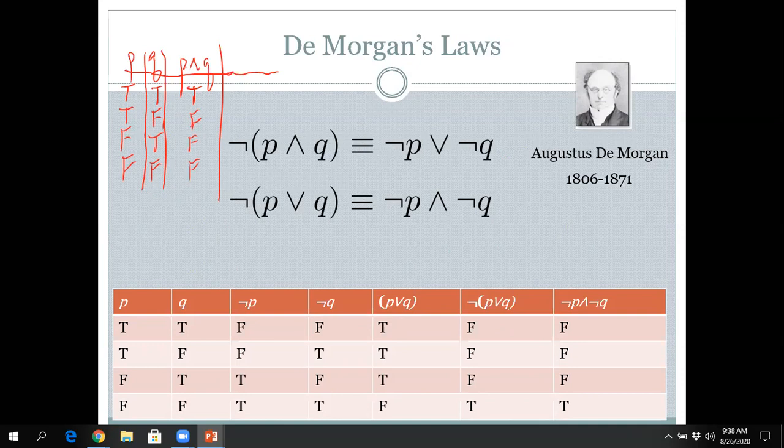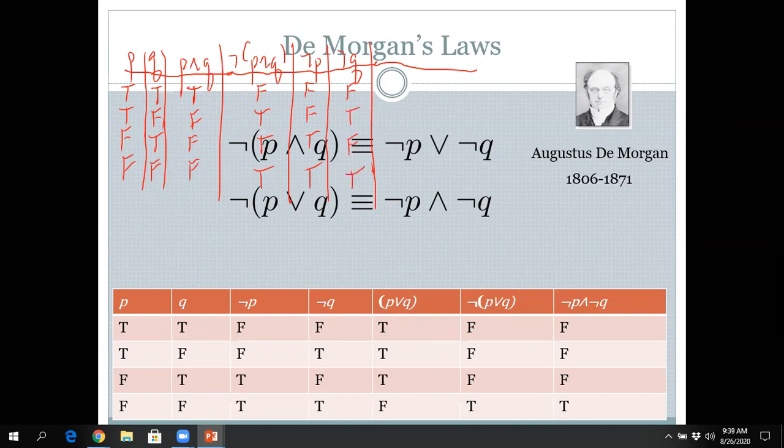And what about the negation of P and Q? Well, the negation of P and Q is false, true, true, true. Now I'm going to put not P and not Q. I know I'm writing over some things here, but I think you'll forgive me. So false, false, true, true. And false, true, false, true.